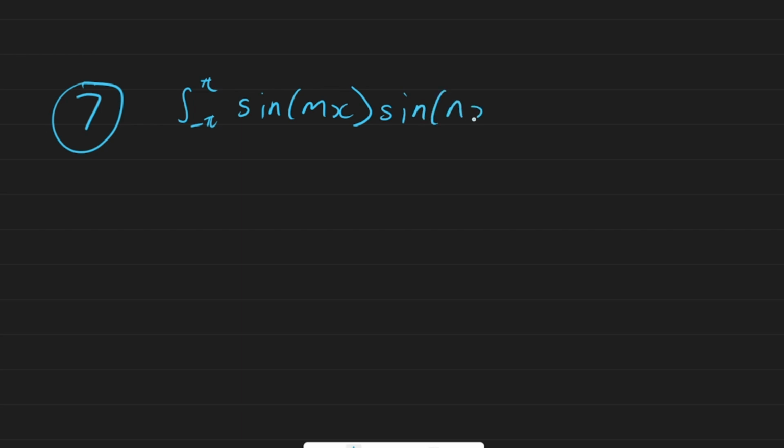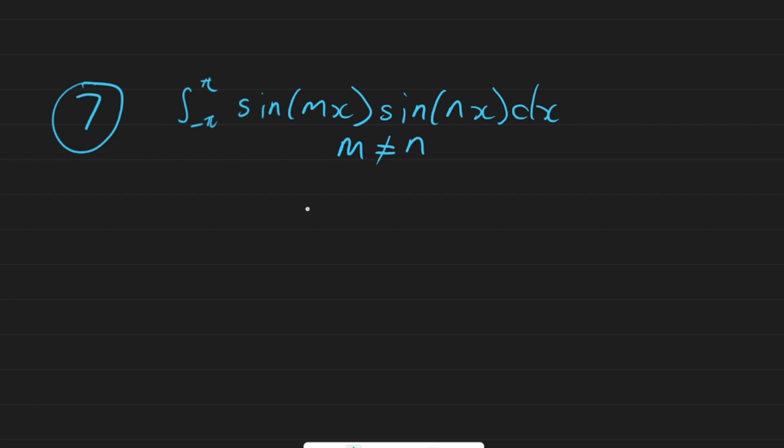So the seventh integral that we will look at is the integral from minus pi to pi of sine mx times sine nx, and where we had previously considered m to be equal to n, we will now say that they are not equal.